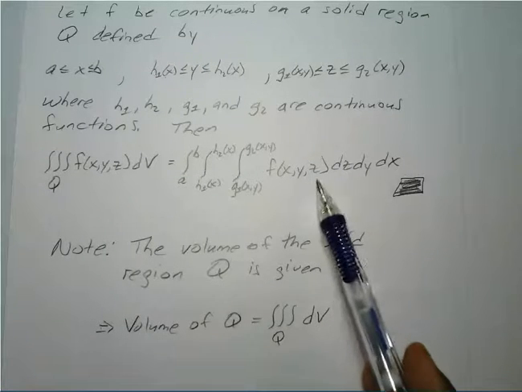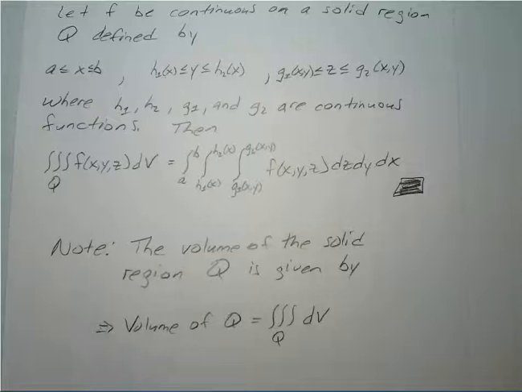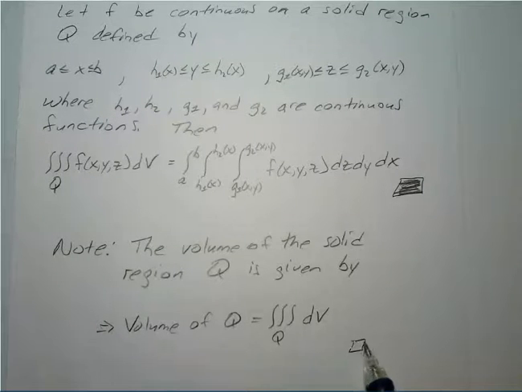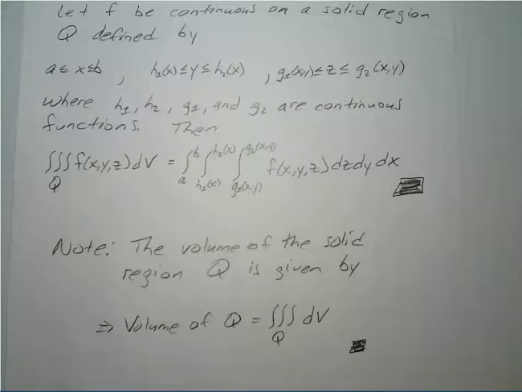You don't have to put in your f of x, y, z. Alright, so if you are still writing this, feel free to press pause, but we're going to go ahead and jump to our first example.